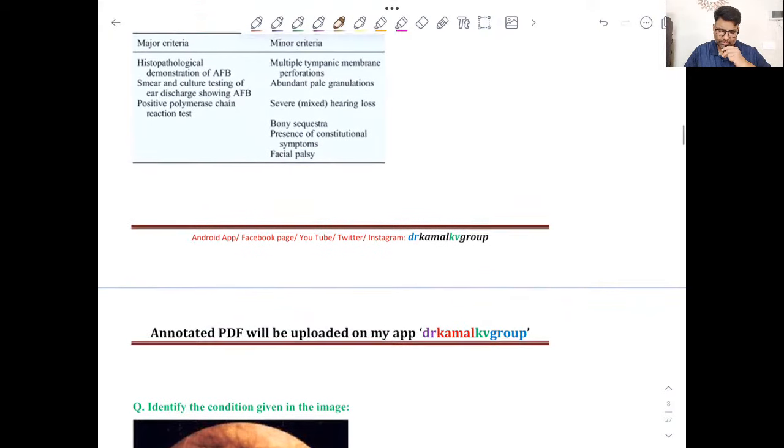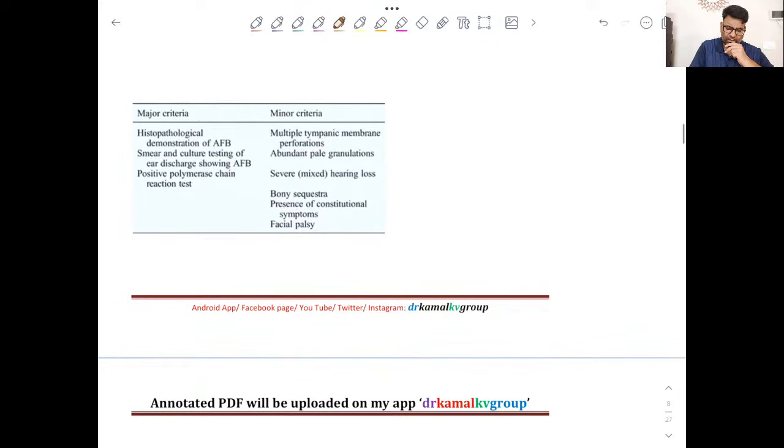And so the classical thing is multiple tympanic membrane perforations. Please remember this. And then there is one more important point here, pale granulation tissue, right? So this is also an important clue. Then we can demonstrate AFB and all, that's a different thing.